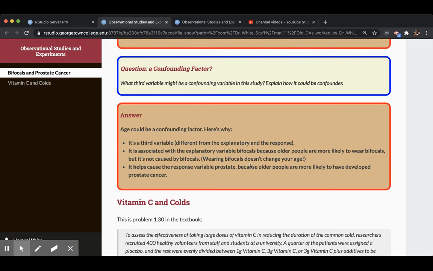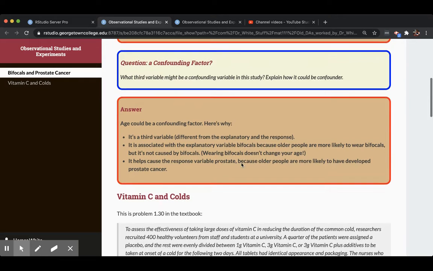I'll point out that it's also not caused by the response. That's actually part of the definition of confounding variable. Wearing bifocals won't change your age, so it's not caused by the explanatory variable. But thirdly, age does help to cause the response variable, prostate, because the older you are, the more likely you are to have developed cancer of all sorts, including prostate cancer.